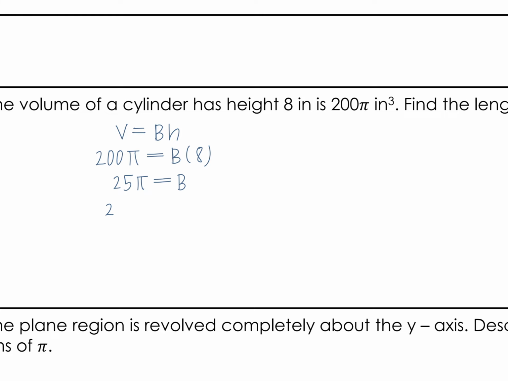So that 25 pi is just equal to our pi radius squared. And so I end up getting that my radius is just going to be equal to the square root of 25, which gives me 5 inches for my radius.